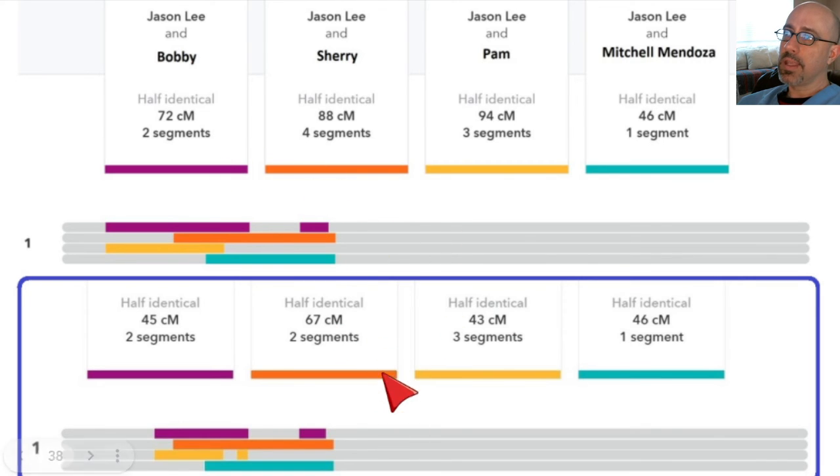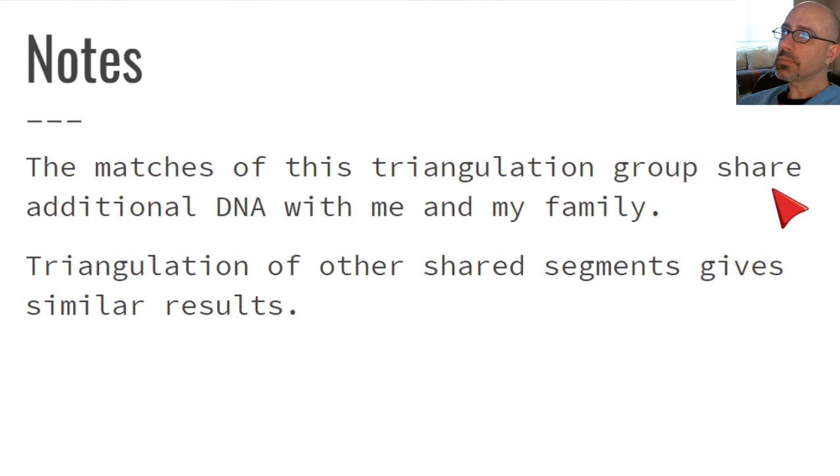Here in the lower portion of the slide we're seeing all of these same people compared with my son, and you can see there's a very similar pattern indicating that all of these people match each other. So that's a nice shortcut that you can take. I think this strategy deserves a presentation of its own, but I just wanted to plant that seed so that you could think about how this could be helpful to you.